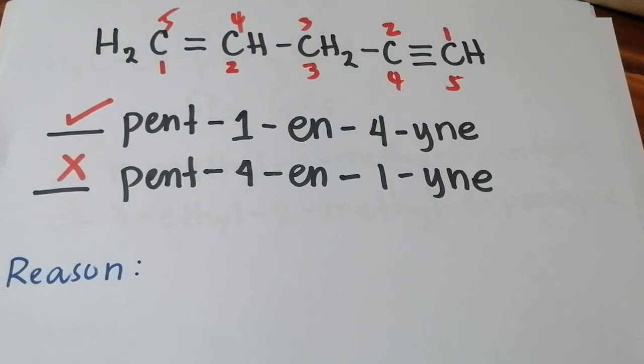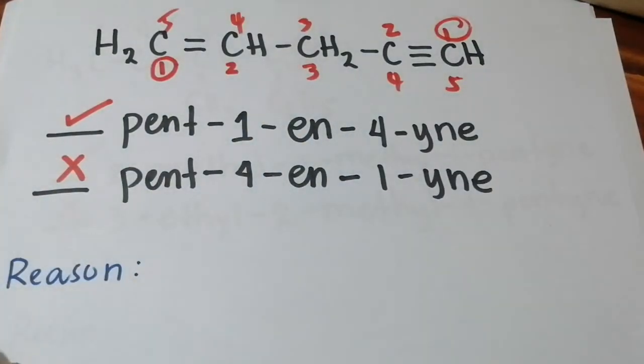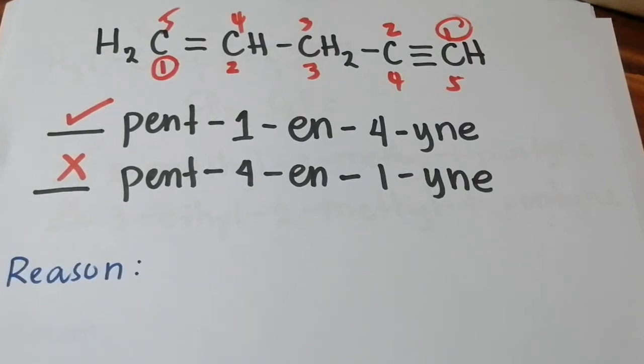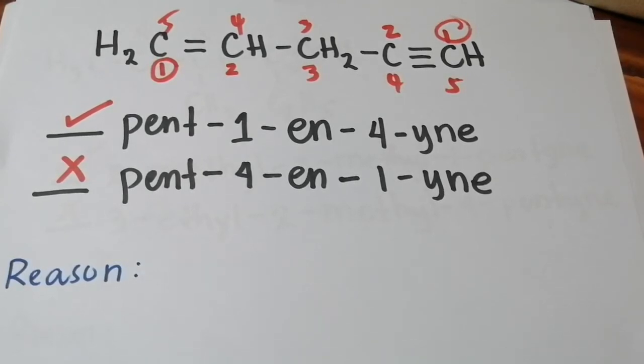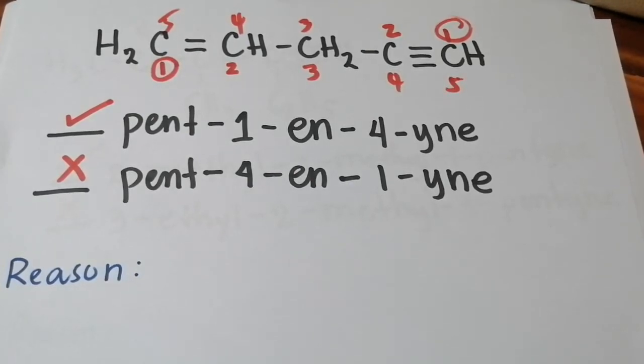So the location of the double and the triple bond are the same. When the positioning of the double and the triple bond are the same, you always prioritize the location of the double bond. That's where you start counting.